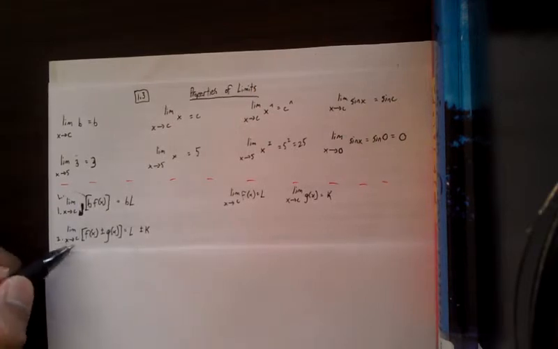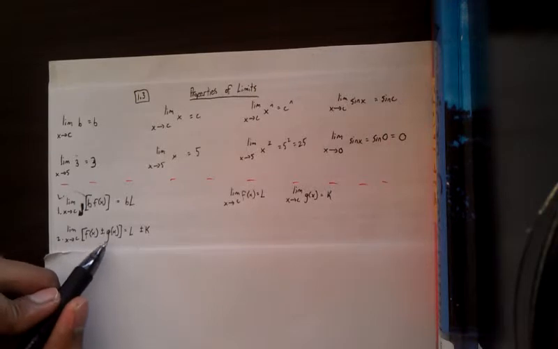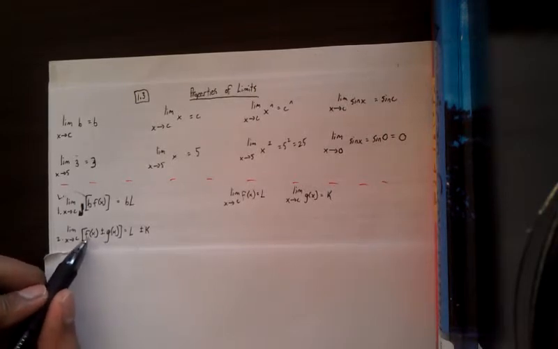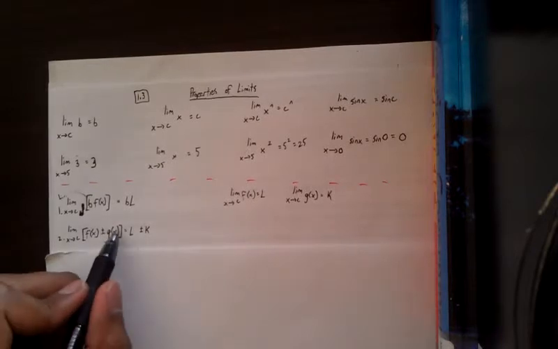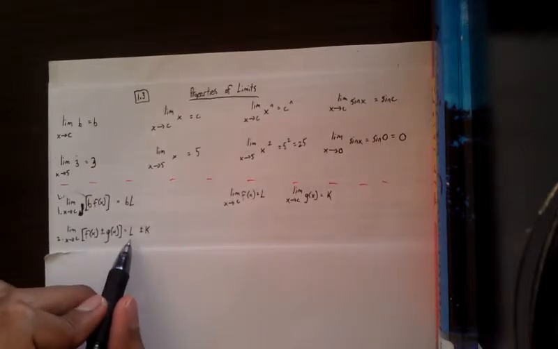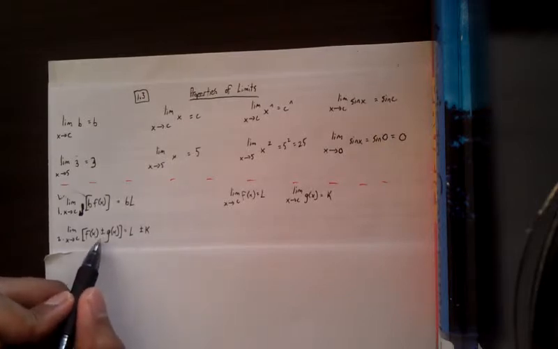The second one, the limit as x approaches c of f of x plus or minus g of x. That's just saying one function plus or minus a different function is going to equal the limit of one of the functions plus or minus the limit of the other function, depending on whatever this sign is right here.